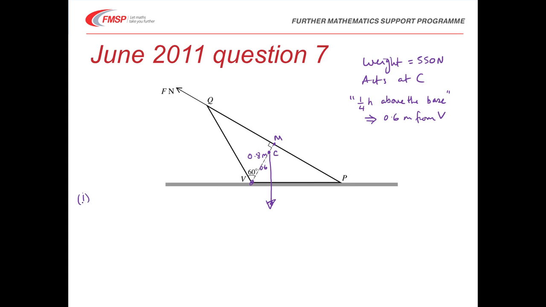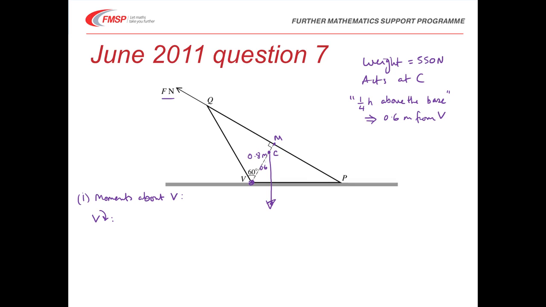Well then, as it's going to rotate, this is a question for taking moments. And we'll take moments about V, and when it's on the point of toppling, those moments will be equal. Right, so the first thing is, if I'm taking moments about V, I need to consider the moments of this force F. Well, the line of action of F passes through M, and the line VM is perpendicular to that.